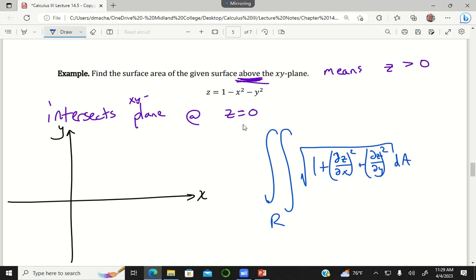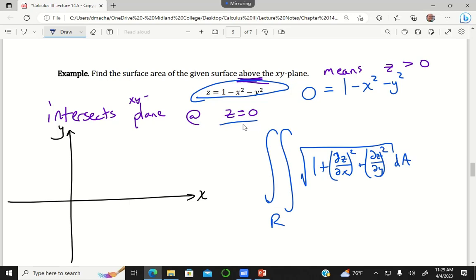Okay, so we ask what is that region? We have to find the region that lies inside the set where this surface happens to intersect the plane. And so what I would do is set z equal to 0 and write 0 equals 1 minus x squared minus y squared.